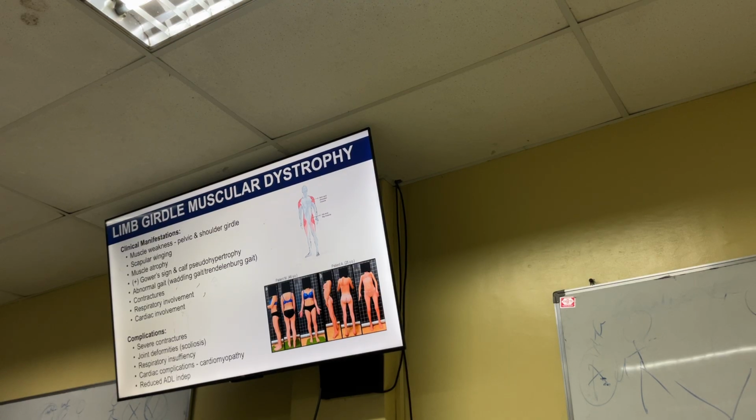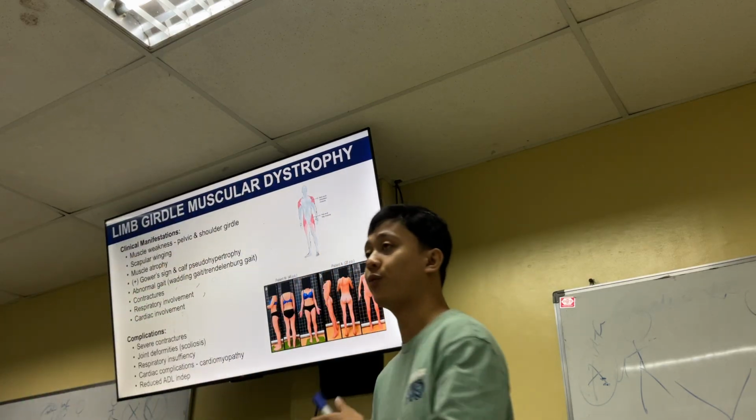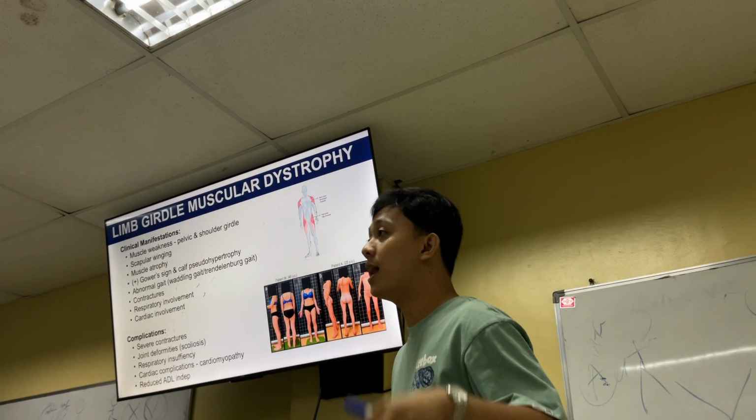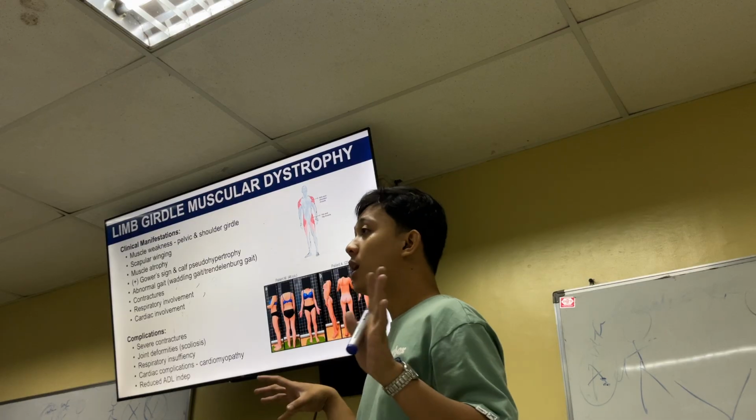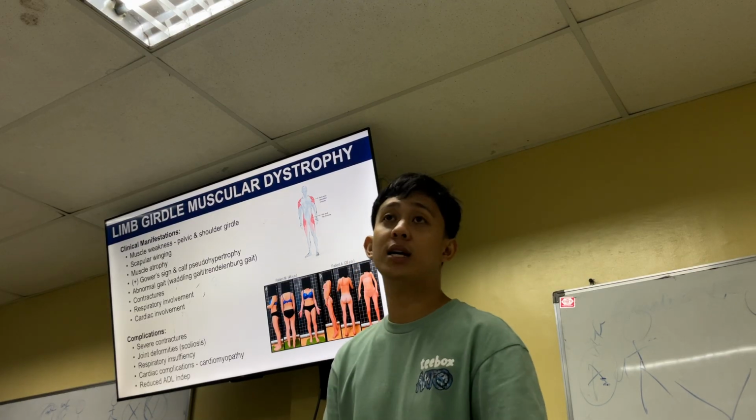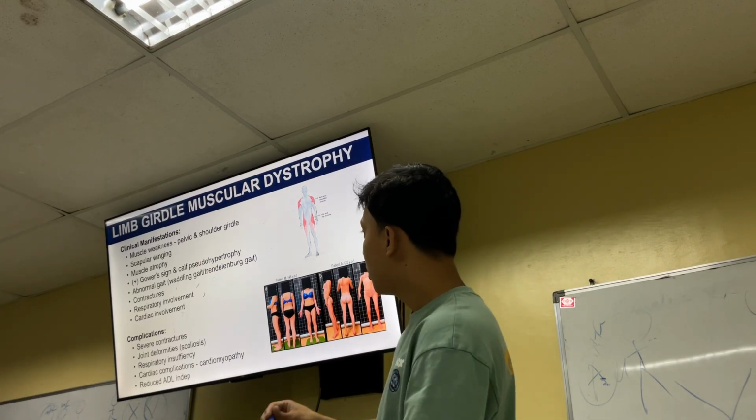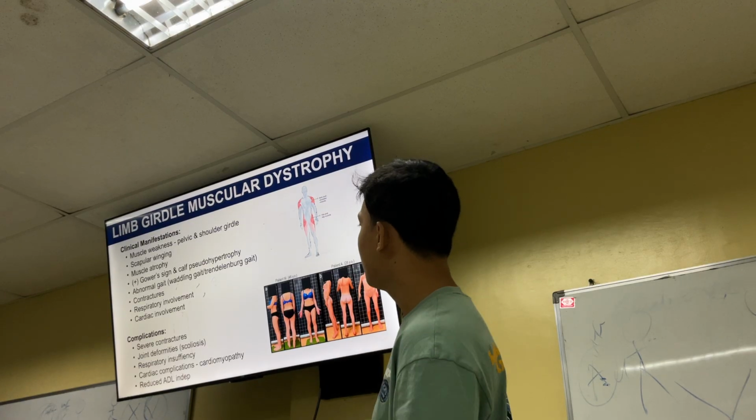Here, clinical manifestation. Muscle weakness, proximal in distribution. So, might be pelvic muscle weakness or your shoulder girdle muscle weakness. Positive muscle atrophy, obviously because of prolonged muscle weakness. Positive Gower sign and pseudohypertrophy, it's because of the proximal pelvic girdle affectation, the same process. The respiratory involvement and your cardiac involvement.